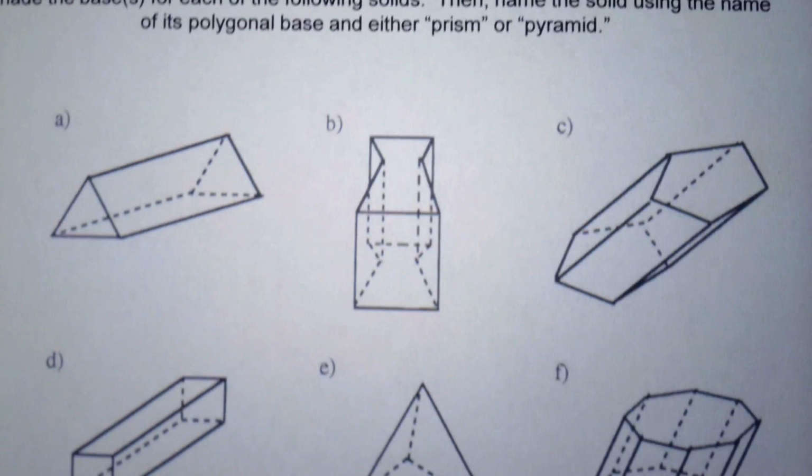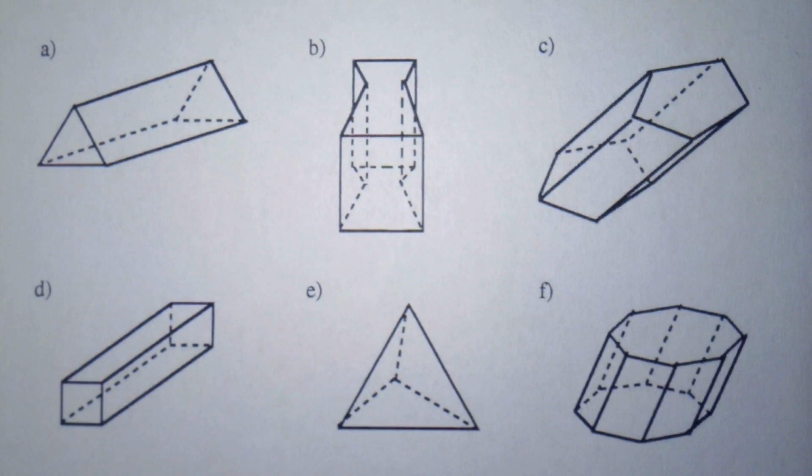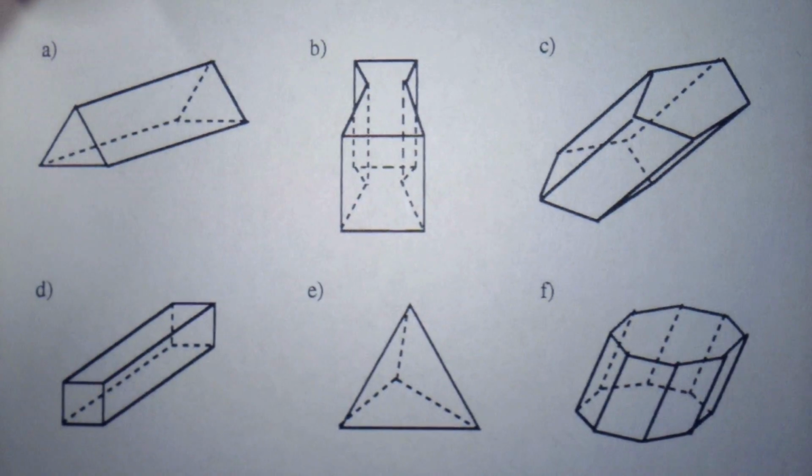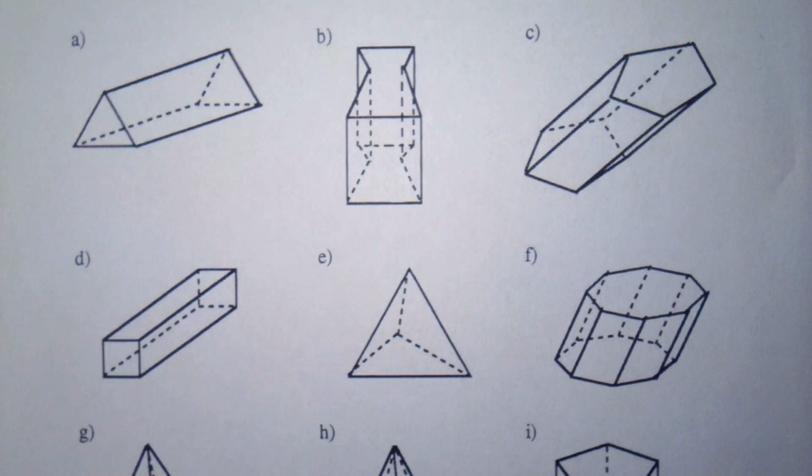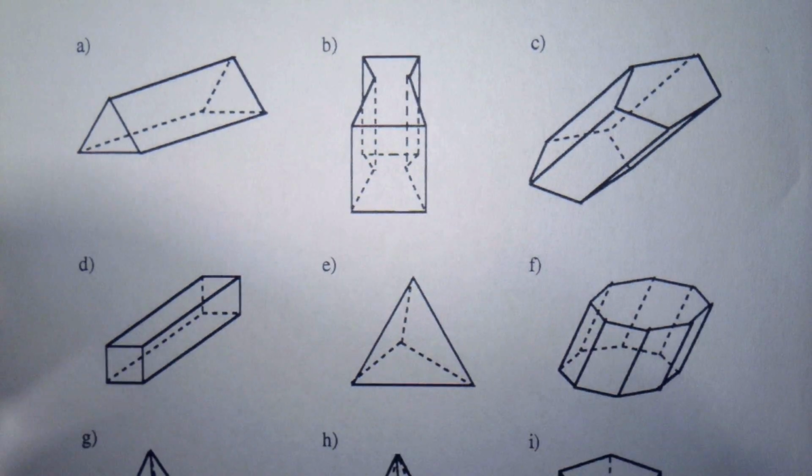Okay, let's start with our activity. So in this activity, what we're going to do is we're going to sketch or shade in the base, and then we're going to name the particular shape. Okay, so the first one, I think it's pretty obvious this is not a pyramid. Now, what is the base?